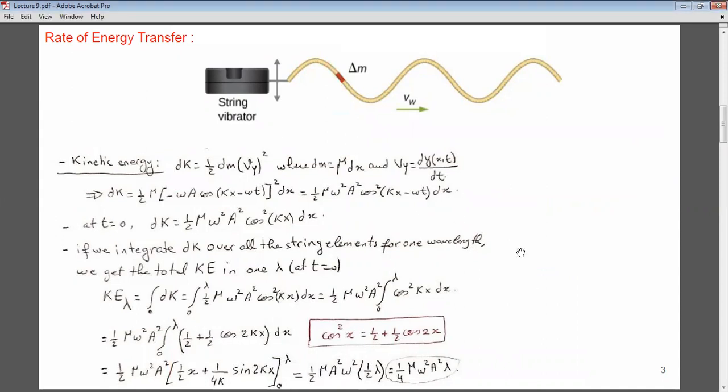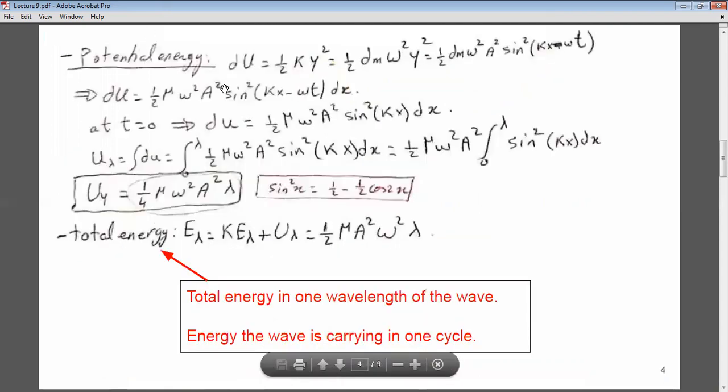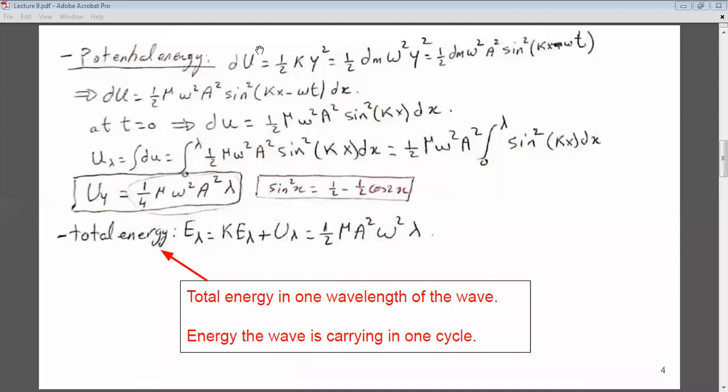Now for the potential energy, because the total energy carried by this segment, by this infinitesimal mass, is kinetic energy plus potential energy. So potential energy is du equal to half k y squared. But what is this k? This k over here is the string constant, a property of the string.